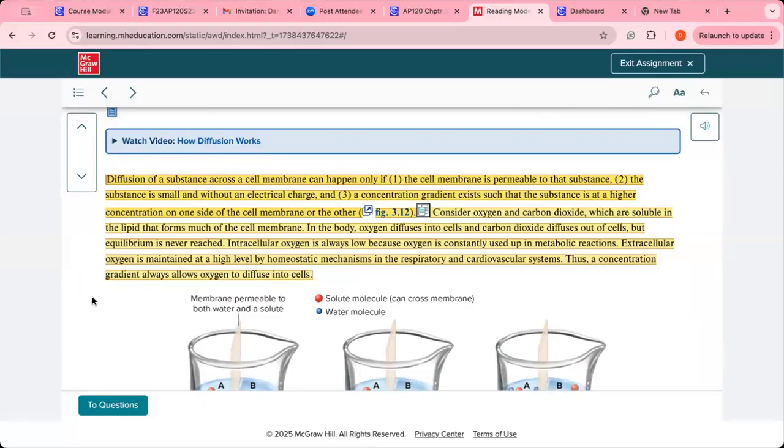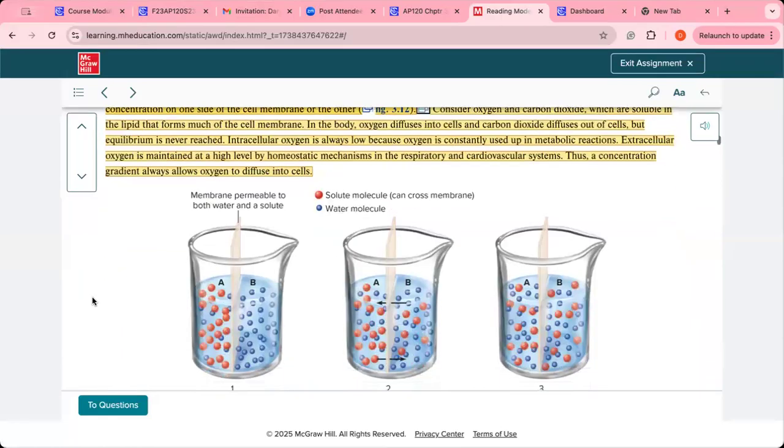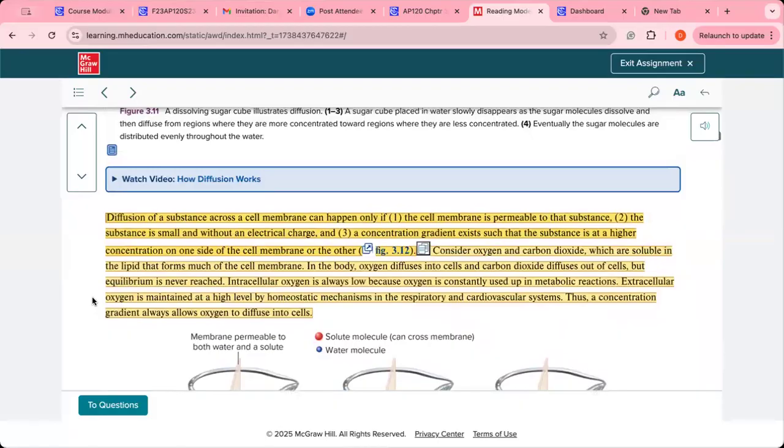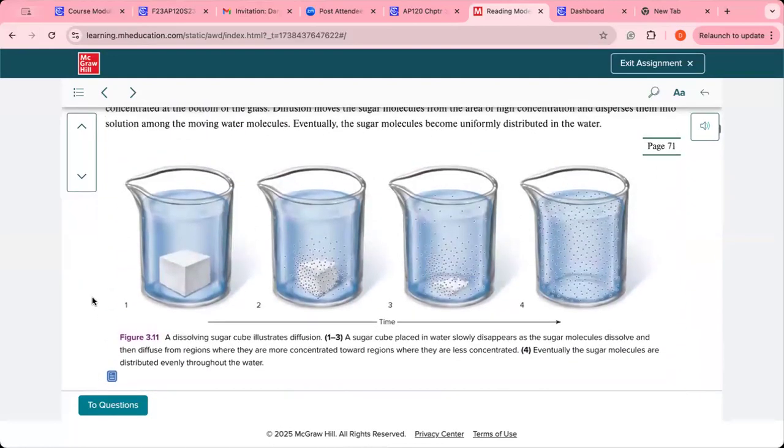Go up to below the picture. Okay, so it says a drawing dissolving sugar cubes. A sugar cube can dissolve and diffuse from regions where they're more concentrated. Okay, I need solute and solvent, but let's go up a little bit.